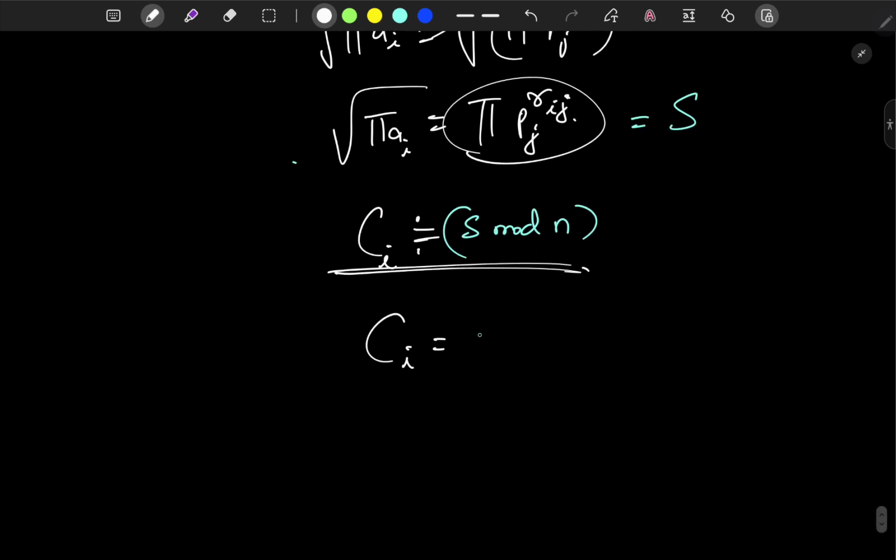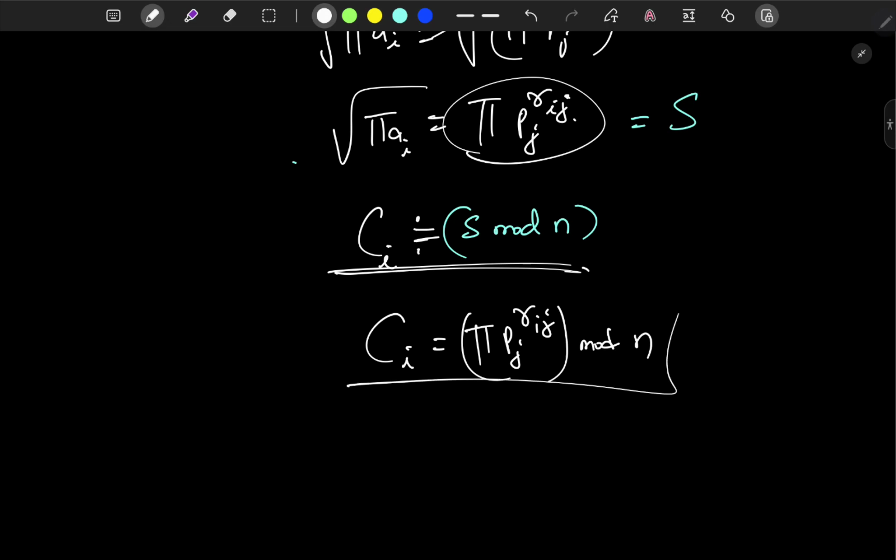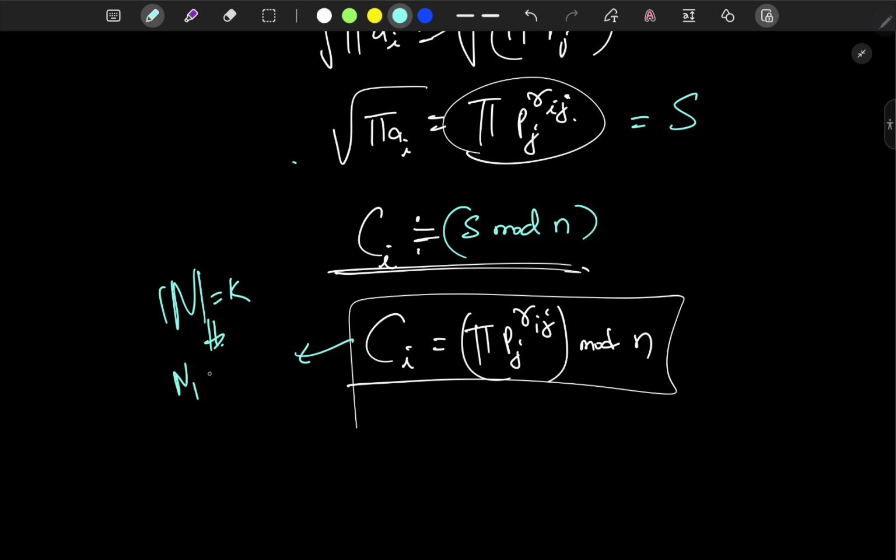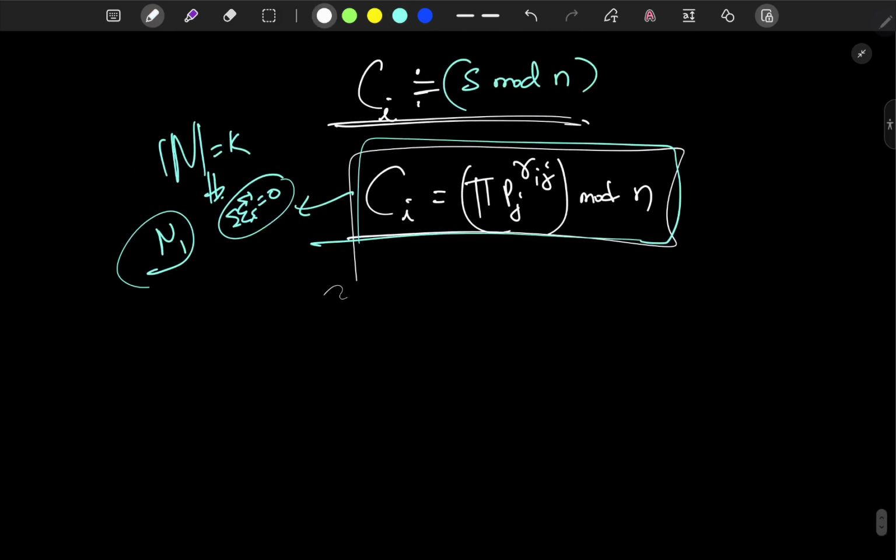So ci equals pi of pj into gamma ij whole mod n. From the initial set n of k numbers, you pick the subset n which has the epsilon vector becoming 0, meaning the summation of all epsilon i1 bar in this becomes 0. For those elements you multiply all the elements. This is ci.